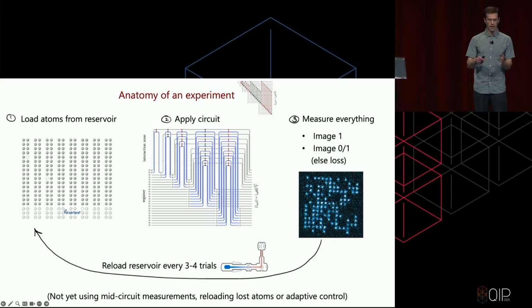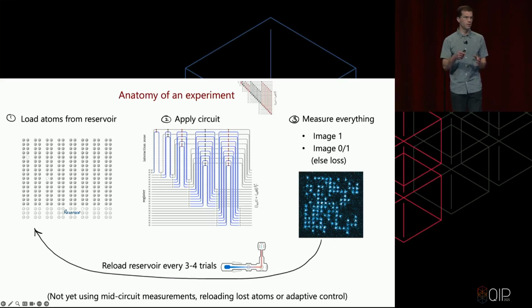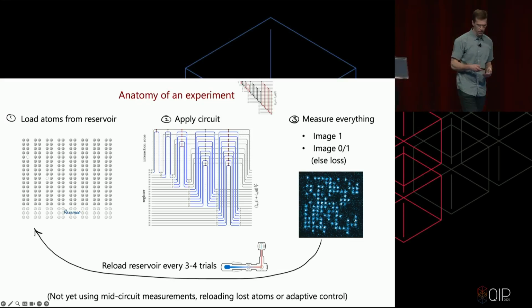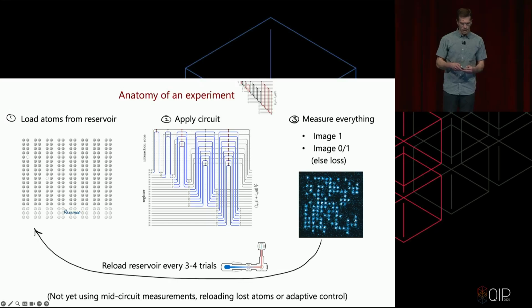And in these experiments, there's also no adaptive control so far. So you can't, say, inject a magic state and do a measurement and, controlled on the results, change the circuit that you're applying. These are all going to come, of course.